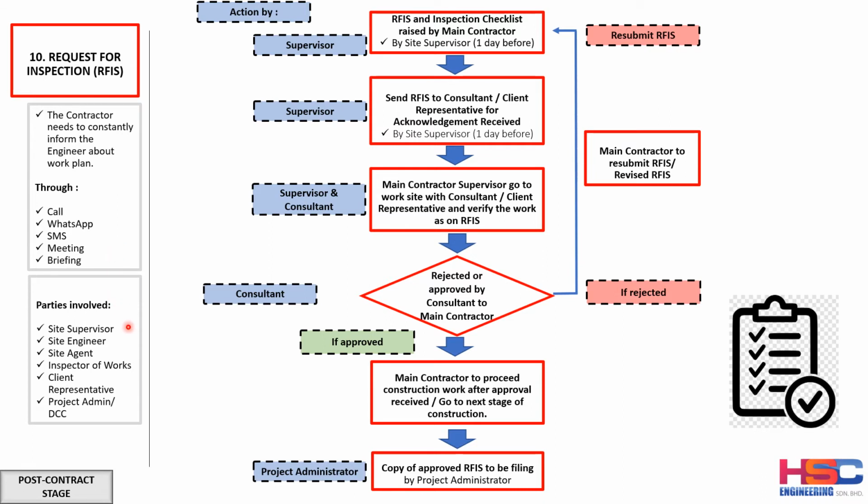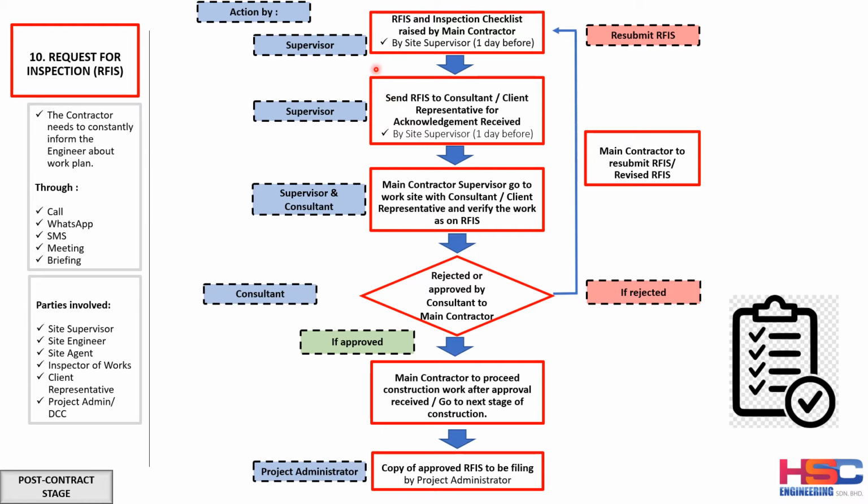This will involve the site supervisor, site engineer, site agent, client representative, and project admin. We have done a presentation before about the responsibility matrix. In that presentation, we have clearly put who is the responsible party for any request for inspection, either structural inspection, architecture work inspection, or M&E work inspection.